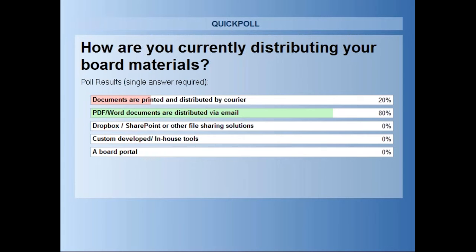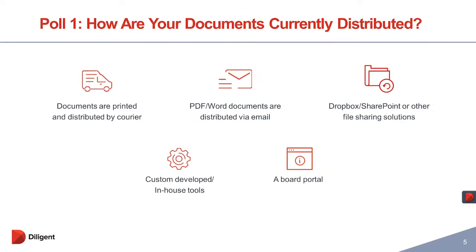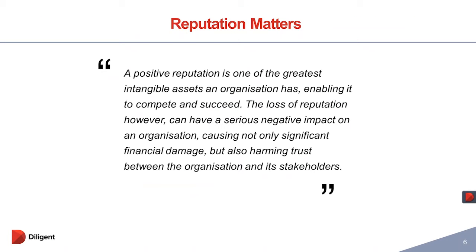The result is pretty much aligned with our previous surveys. So the typical concerns that we see around PDF and email are 1 or 2 things. First of all, the usability around it. It's not as easy to navigate around the PDF. And then the second part is the security of sending documents in PDF and via email.